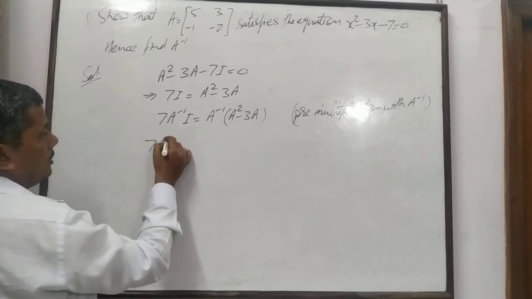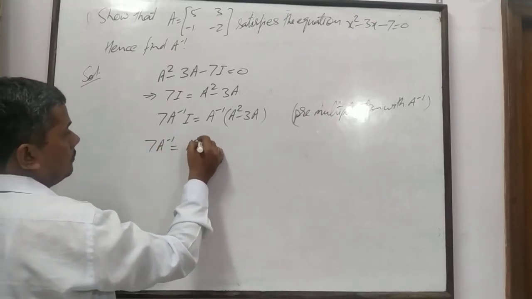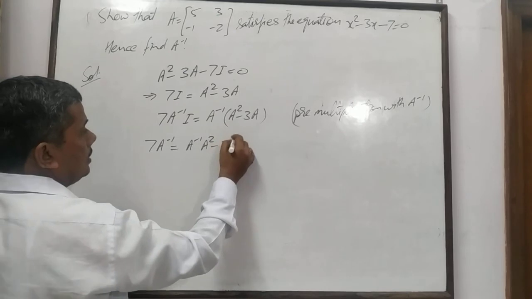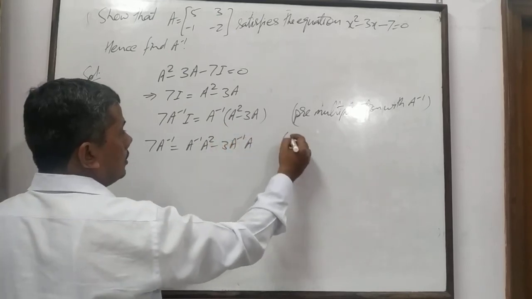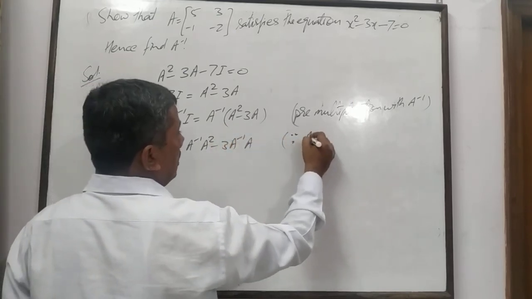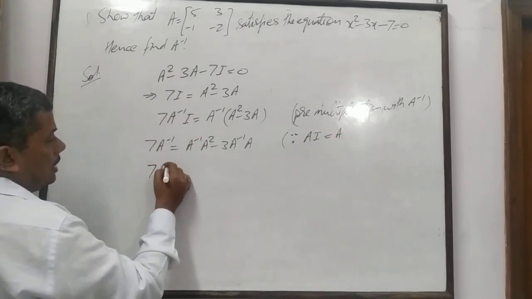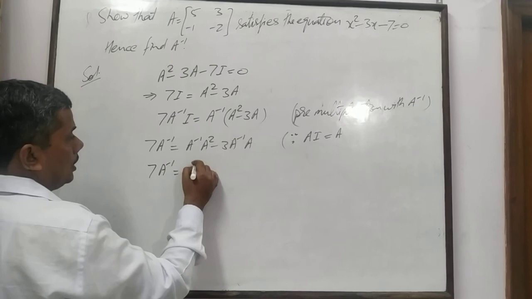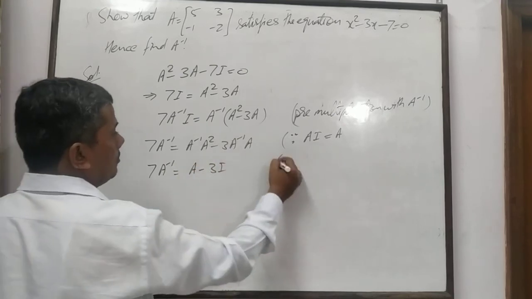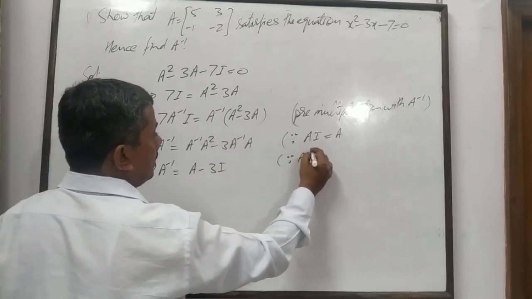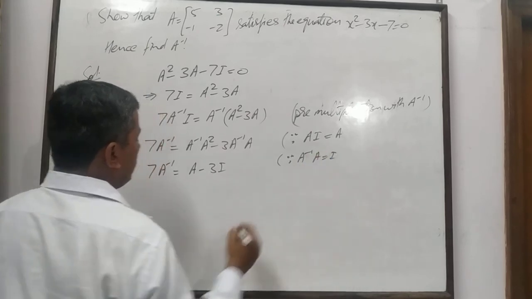So 7 A inverse is equal to A inverse A square minus 3 A inverse A, because AI is equal to A. 7 A inverse is equal to A minus 3I, because A inverse A is equal to I.